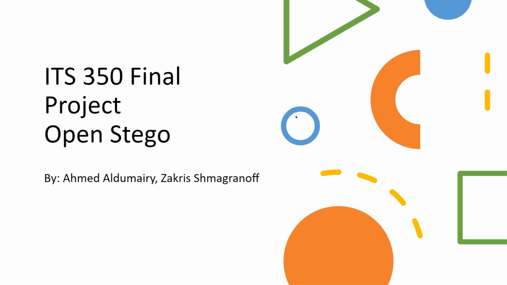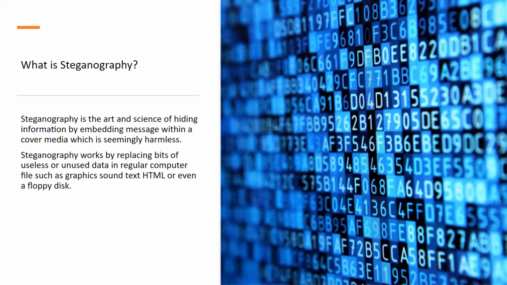Hello, everyone. My name is Ahmed, and our project is OpenStego. Steganography is the art and science of hiding information by embedding a message within a cover media, which is seemingly harmless. It works by replacing bits of useless or unused data in a regular computer file, such as graphics, sound, text, HTML, or even a floppy disk.